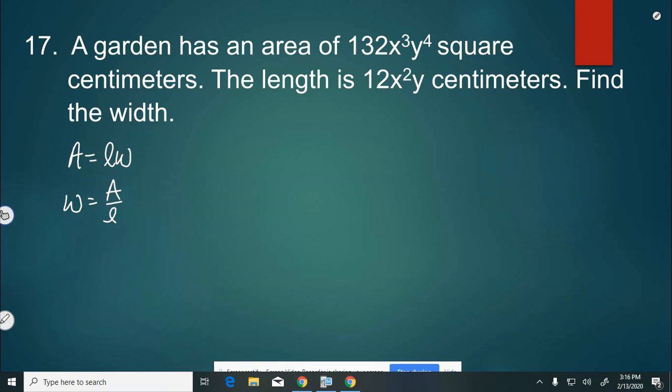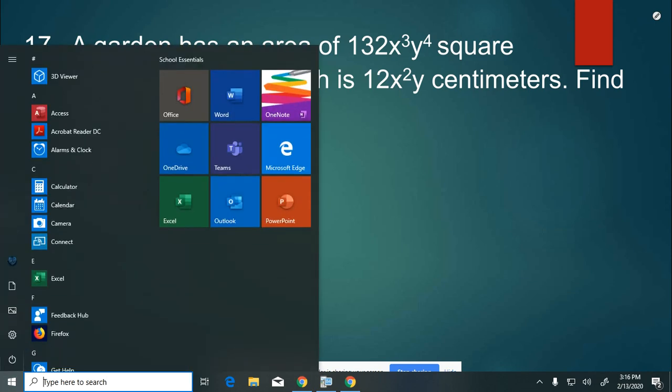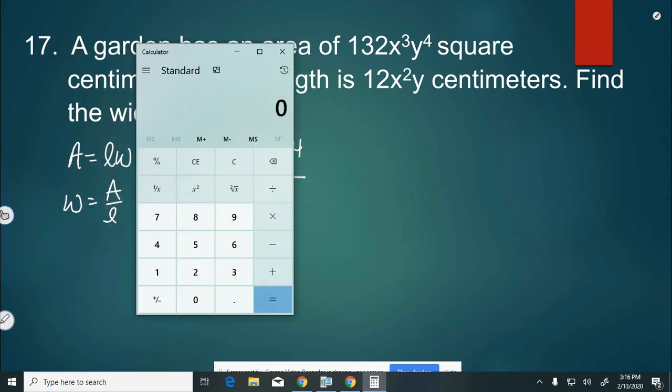Okay, so I'm going to do 132 x to the 3rd, y to the 4th over 12x squared y. 132 divided by 12, pretty sure is 11, but I'm going to check that.